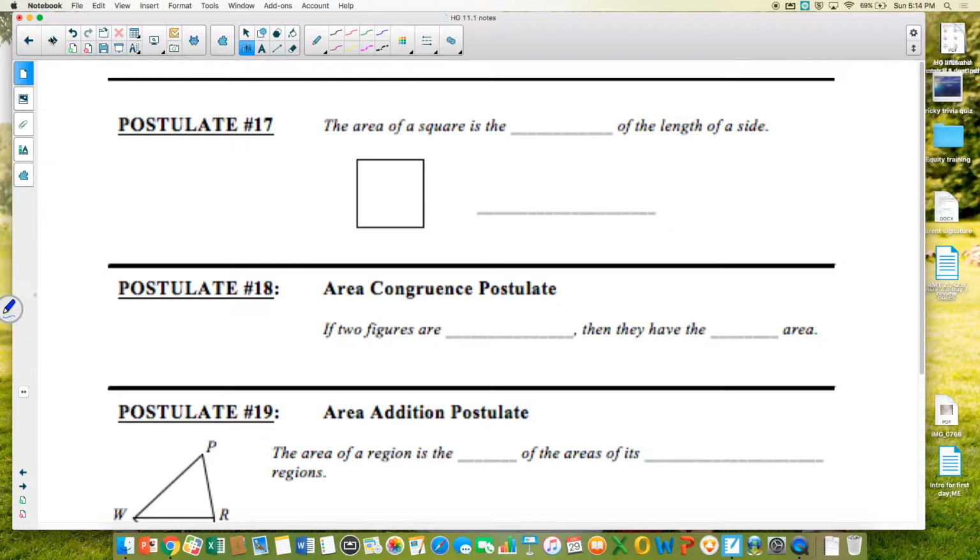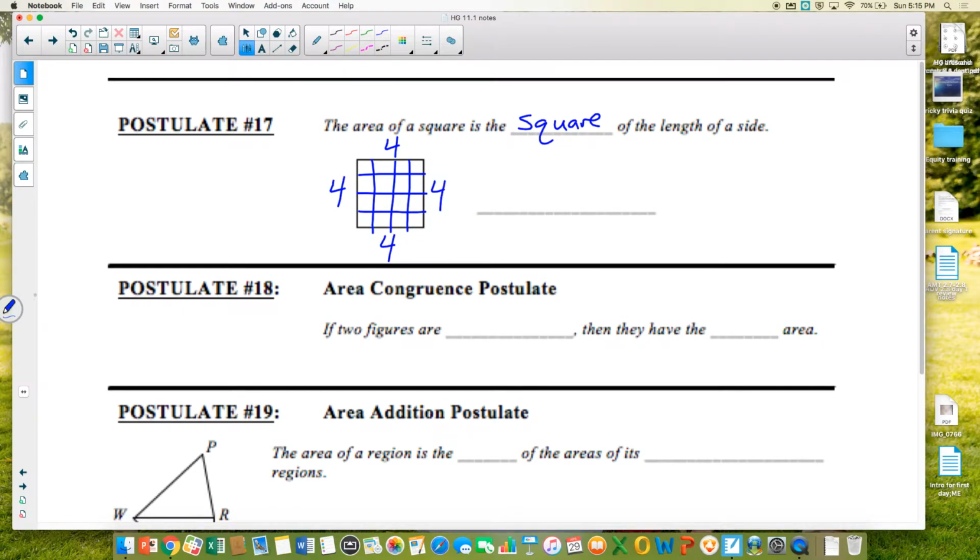Right, this chapter goes back to using some postulates that we covered earlier this year. Postulate 17 says that the area of a square is the square of the length of a side. So if we look at this picture, if we divide this into units, right now we have 4, 4, 4, and 4.